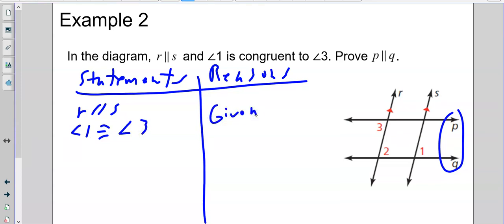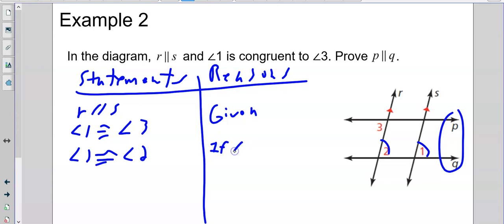Now, we know R and S are parallel. Therefore, we know 1 and 2 are congruent. So angle 1 is congruent to angle 2. How do we know that? And we can abbreviate.